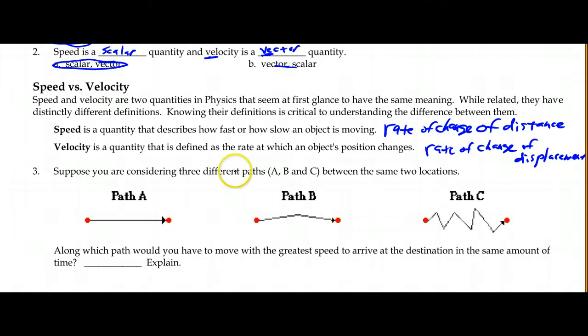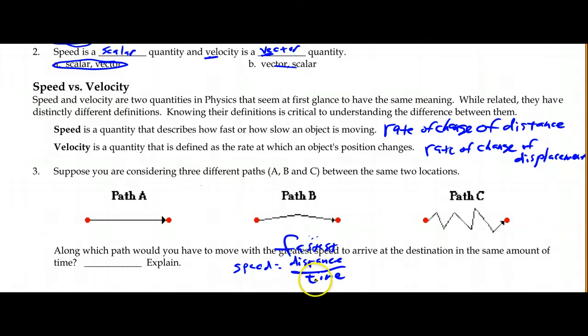Question 3. Suppose you're considering 3 different paths. We've got A, B, and C. Along which of the 3 paths would you have to move with the greatest speed, move the fastest, to arrive at the destination, the second point, in the same amount of time? Now, speed, again, is distance traveled compared to the rate of distance traveled, so distance divided by time.